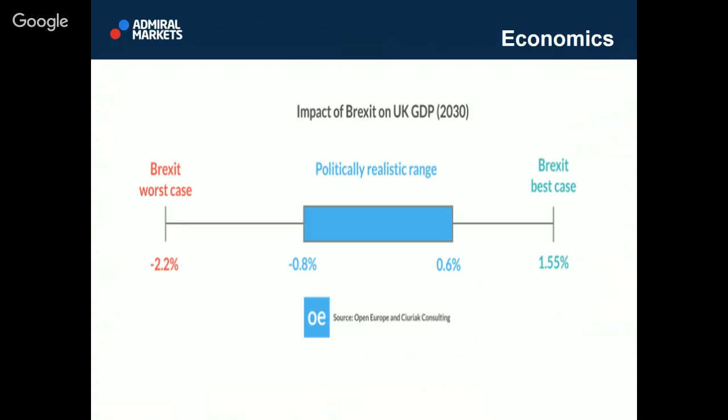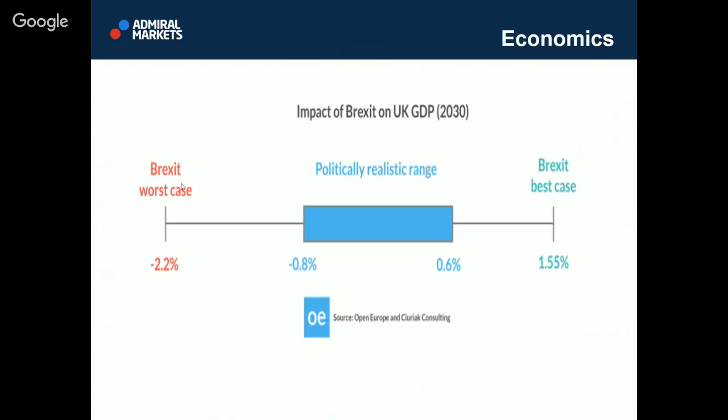We don't know what will happen, guys, because there are a lot of people who are undecided. But we have two possible Brexit scenarios: Brexit worst case and Brexit best case. If we see a Brexit, we have two possible scenarios by 2030, and the source is Open Europe and Sura Consulting.